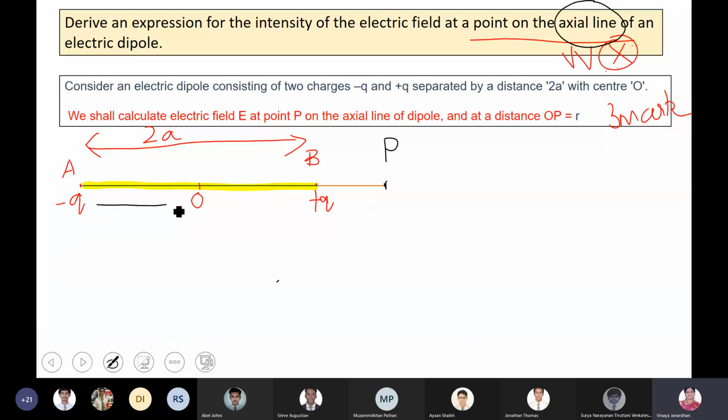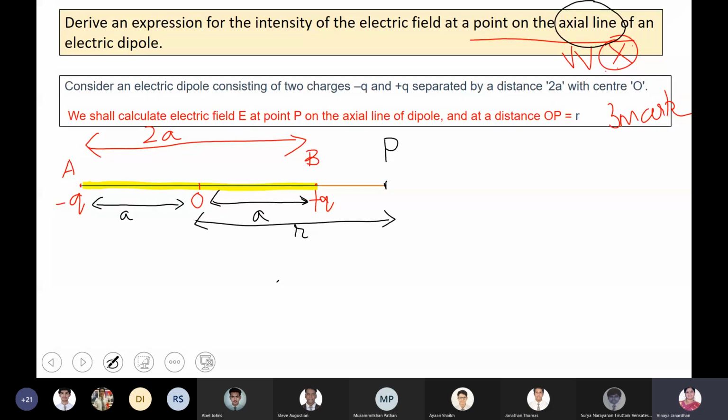Can you first draw the diagram, then we'll go for the definition part. So the introductory part. Is that clear, boys? 12B, is that clear? Yes, ma'am. Fine. So you have a dipole consisting of two charges, minus q and plus q, separated by a distance of 2a meters.